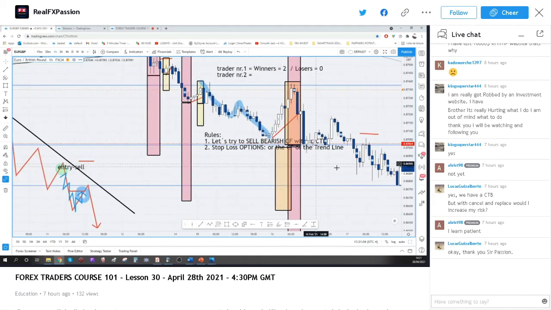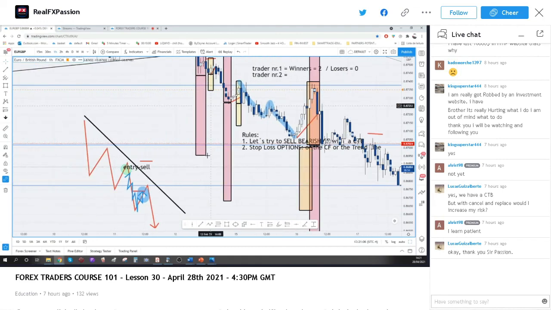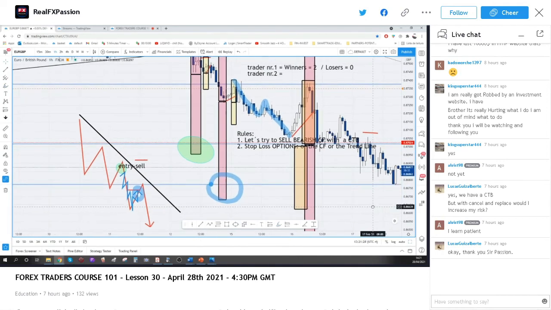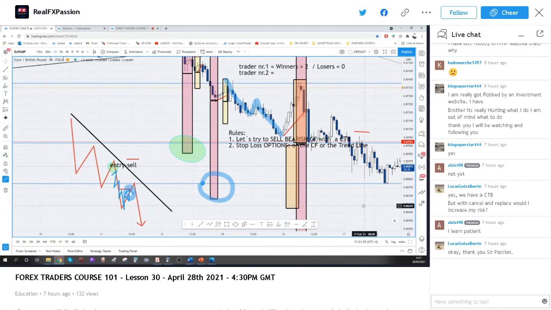Moving down. And so trader number 2, here is the winner. This is the winner of the trader number 2. The first trade, profit, bam. We are almost at the second one, which is here, second trade for the trader number 2, right? And Lucas is moving forward.